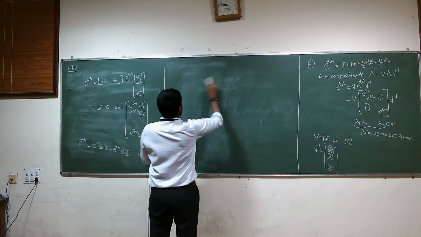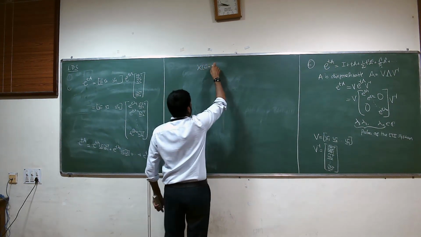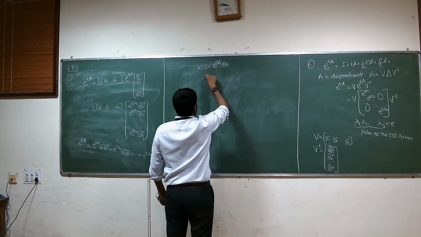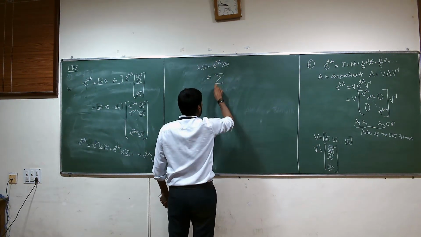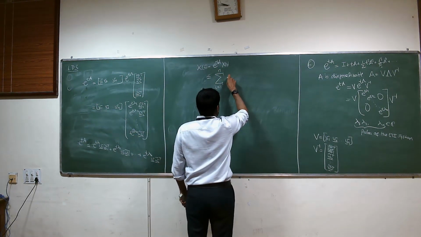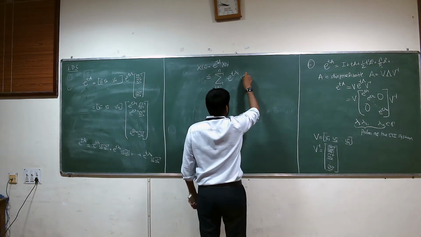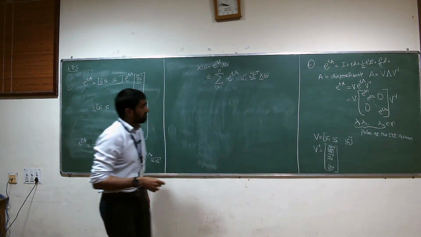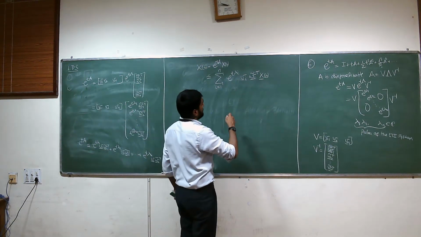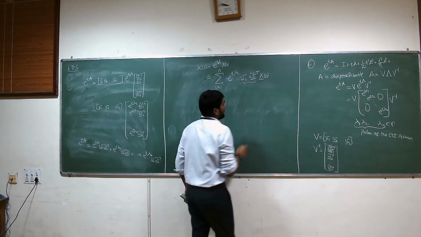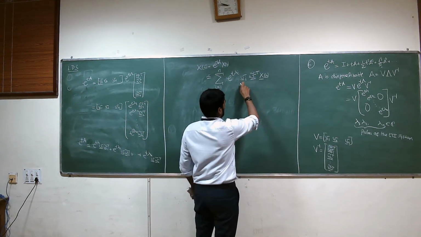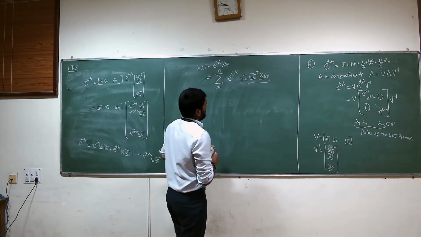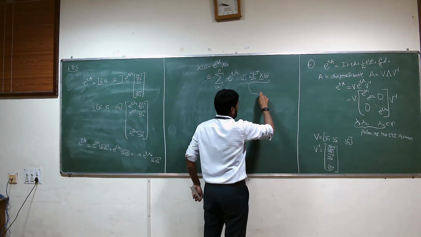If your zero input response is x of t equals e power tA x of 0, then I'll simply replace this with this, which is essentially a summation from i equals 1 to n of e power t lambda i.